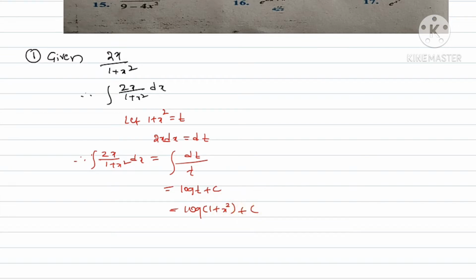Therefore, the integral of 2x by 1 plus x square dx is equal to log of 1 plus x square plus c. This is the solution of question number 1.